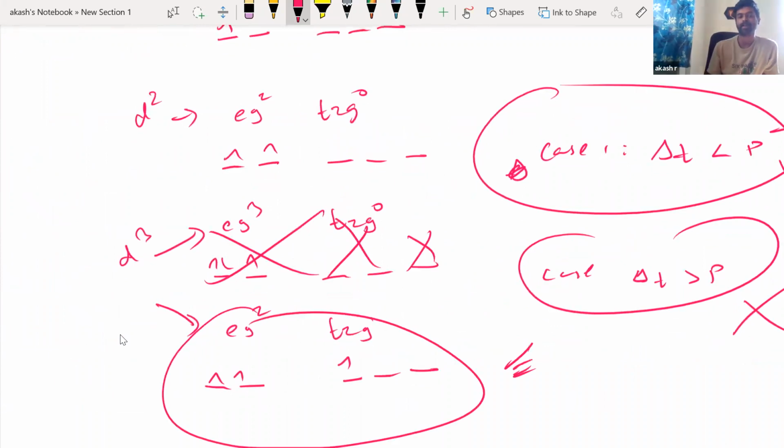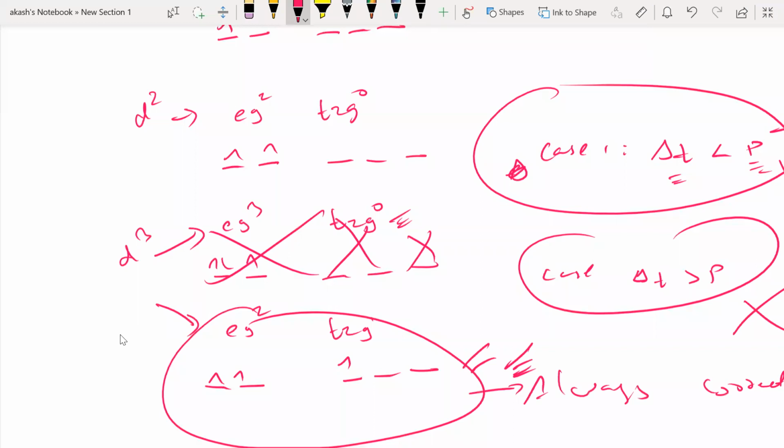We understood that del O is greater, so there we can have two cases between pairing energy and del O. But here del T is less, so this cannot be the case at all. Pairing energy will always be greater than del T. So this only is always correct; there is no case where the other case comes up.